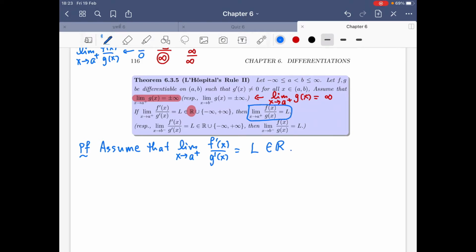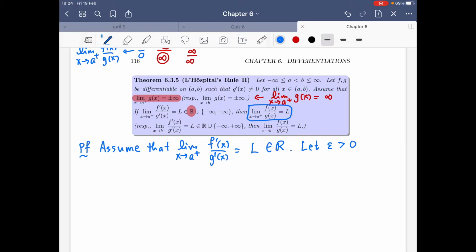So we let any epsilon positive be given, and we need to find a c such that |f(x)/g(x) minus L| is less than epsilon whenever x is inside the open interval from a to c. Remember, the limit is as x goes to a from the right.